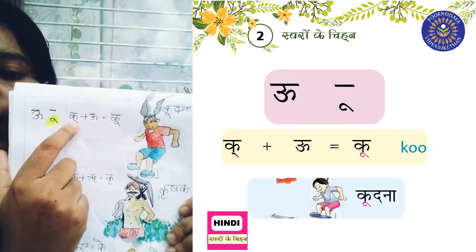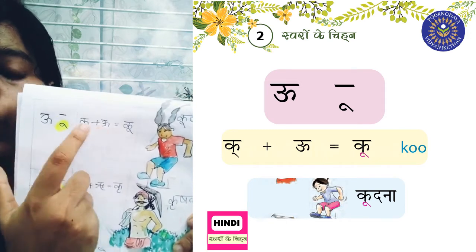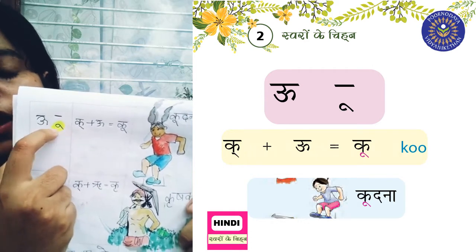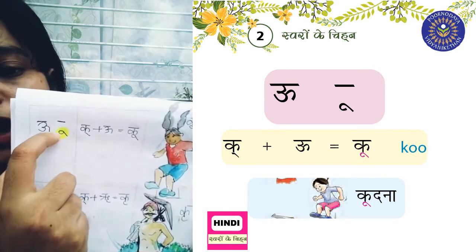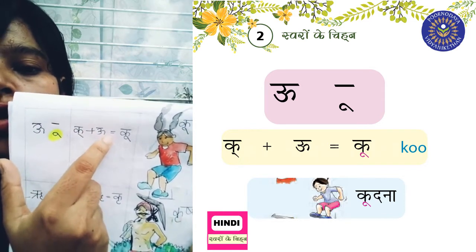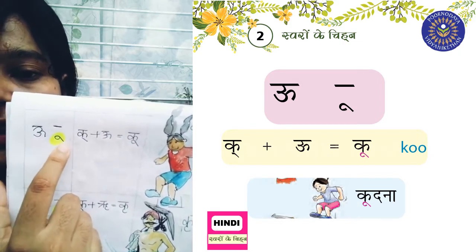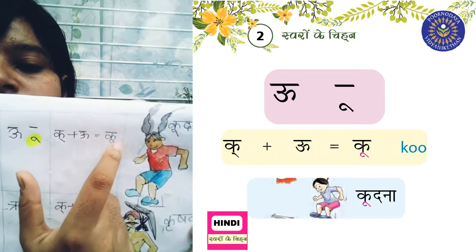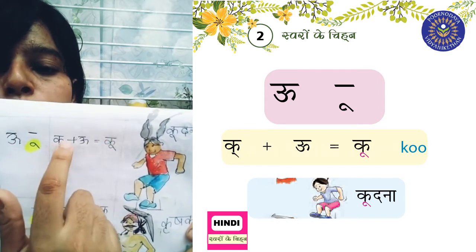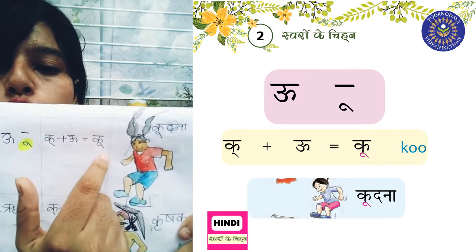When you combine ka with this oo, it becomes koo. The oo matra goes down. Ka plus oo, koo.